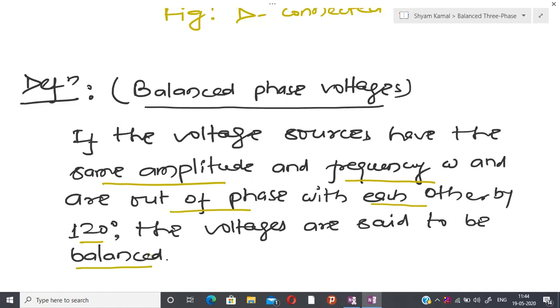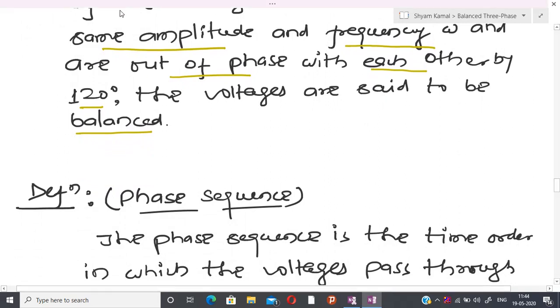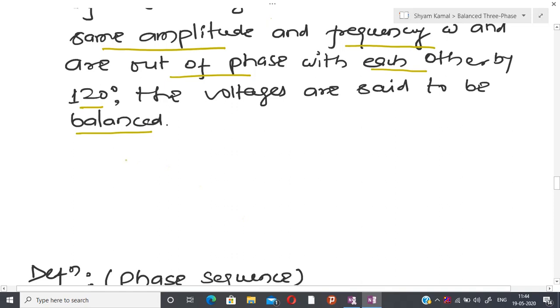And it is very easy to show that since everywhere I am measuring voltage with respect to N, mathematically I can write that VAN plus VBN plus VCN equals 0.